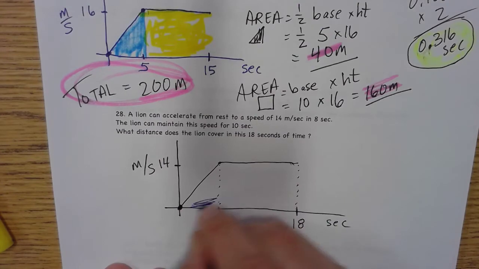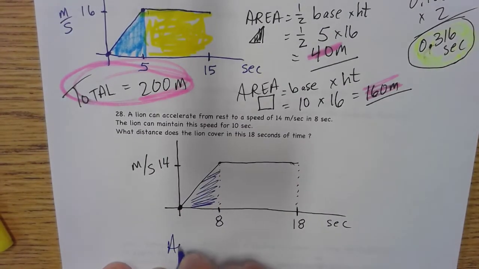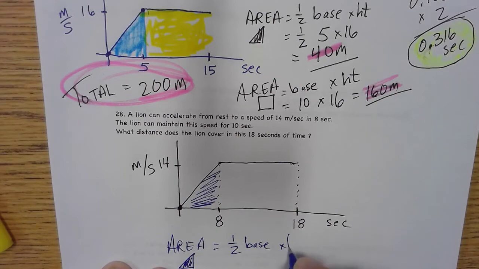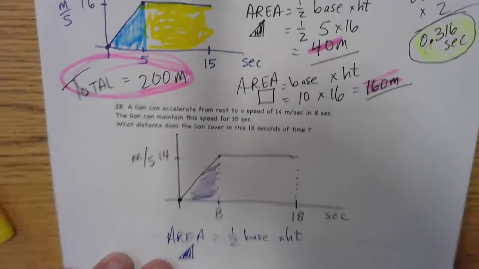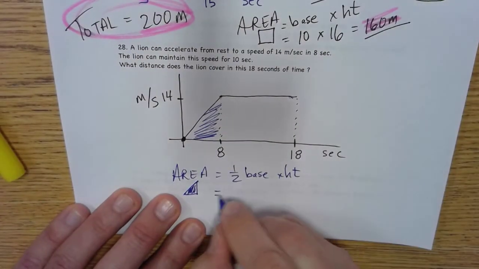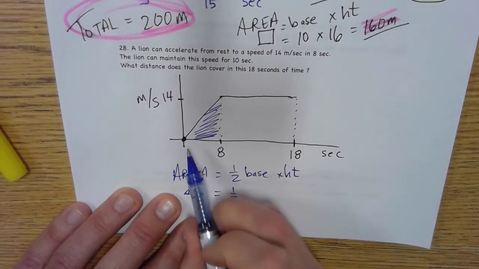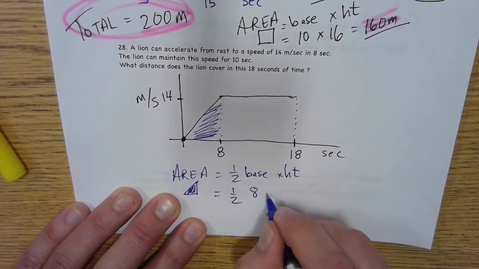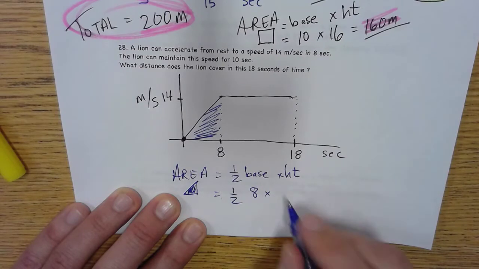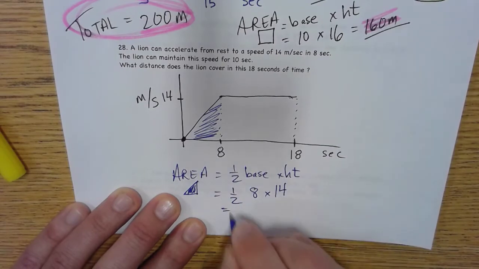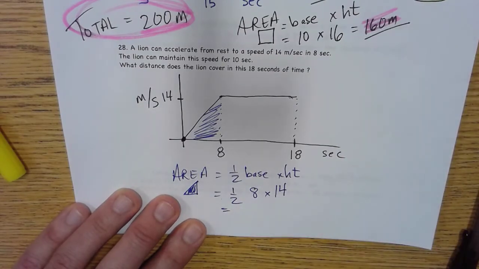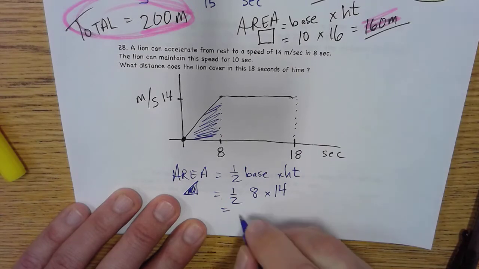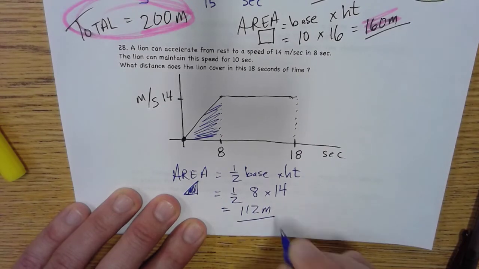So triangle. It's half base times height. And I just take a deep breath. Every time I do the base, I just look at it. 8. Height, 14. Oh, gosh. 12. So that's the first piece.